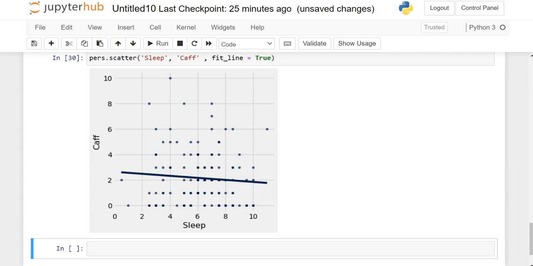Now you notice that this line is nearly horizontal, so if you end up with a scatter plot that has a fit line that has a large slope or a large negative slope, that's more evidence of a connection between the two variables. It doesn't appear that people change their caffeine very much based on how little or how much sleep they've gotten. Although it does appear there is a slightly negative correlation.